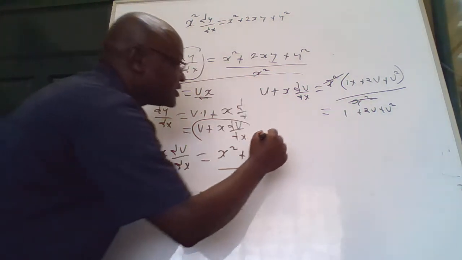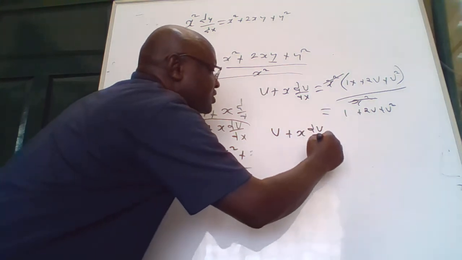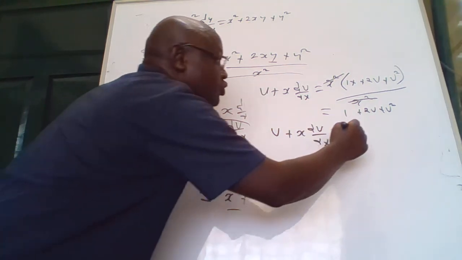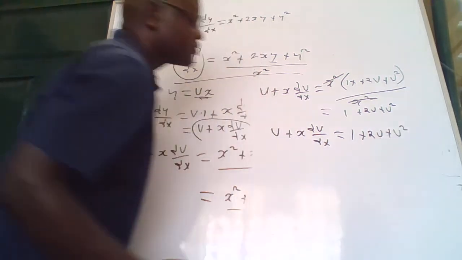So what we are saying is v plus x dv dx equals 1 plus 2v plus v squared.